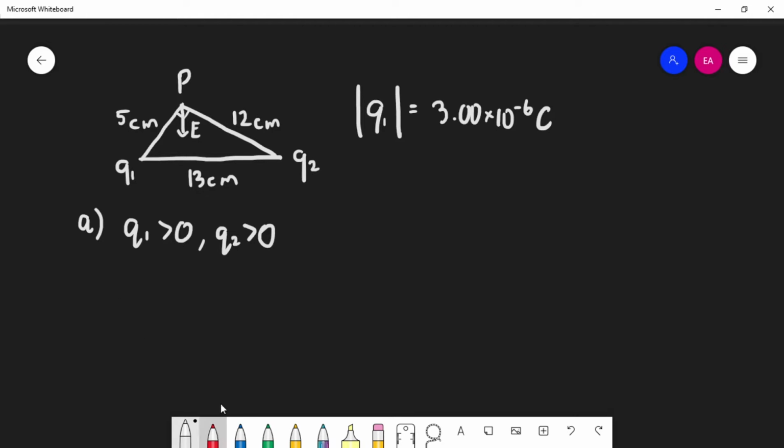Let me draw Q1 in red and Q2 in blue. So let's say these are our two charges. They will want to go away from each other, like this, away from the home charge. Remember, Q1 is in red and Q2 is in blue.